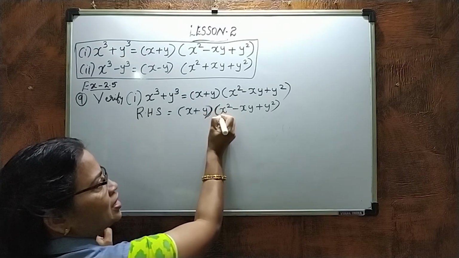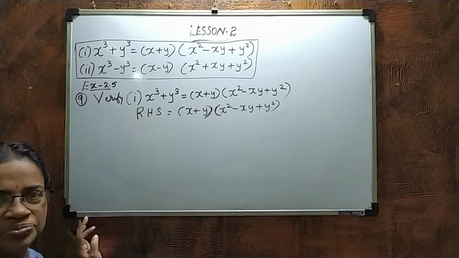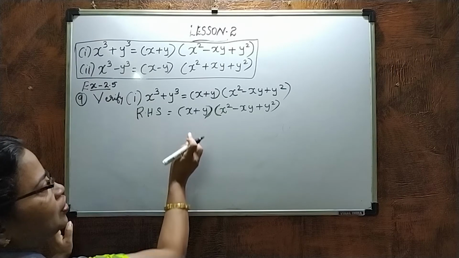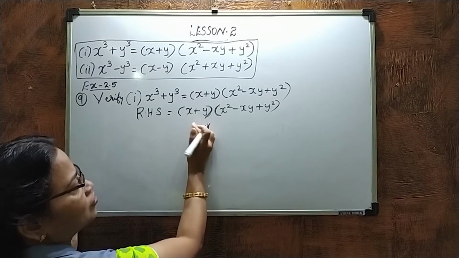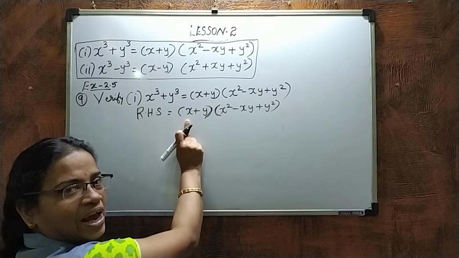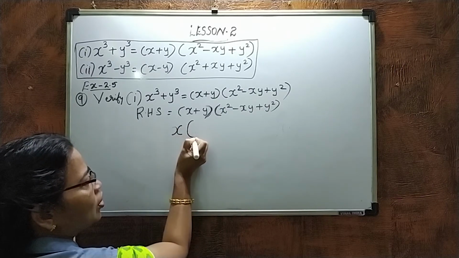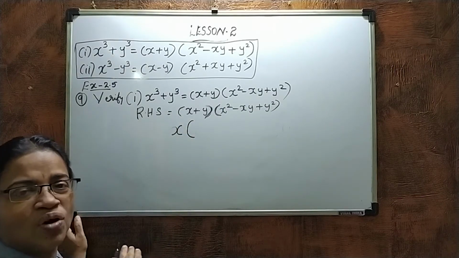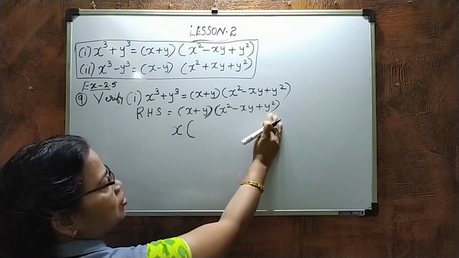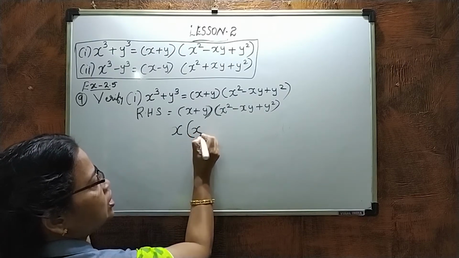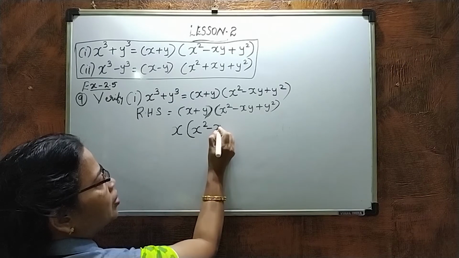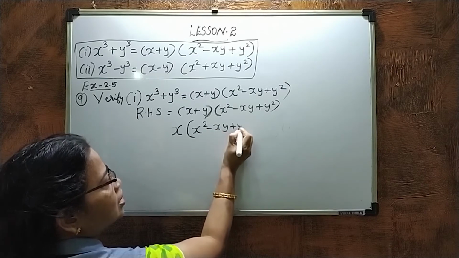Bracket means multiplication. So we are going to take the first term of the first bracket, that means x, and multiply it with the full second bracket, x into x square minus xy plus y square.